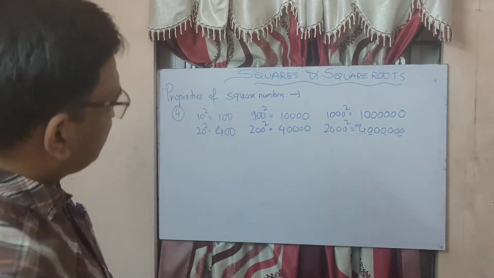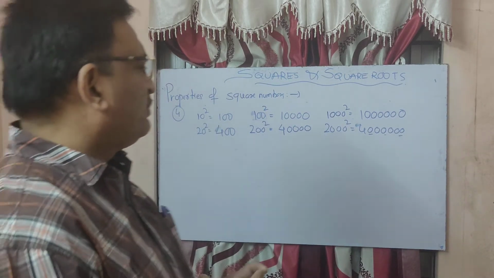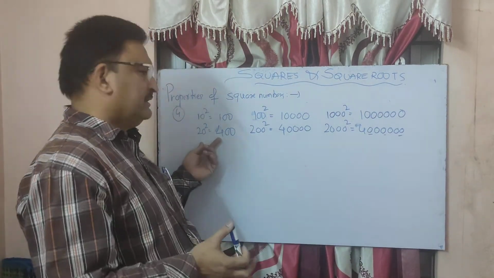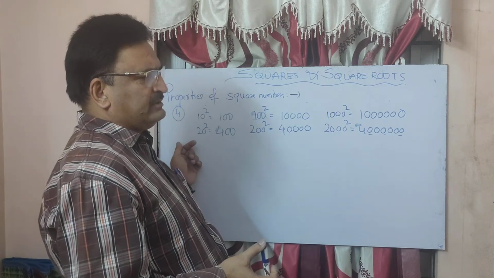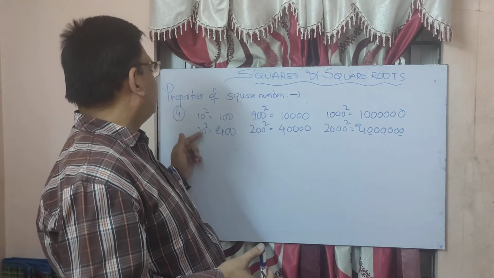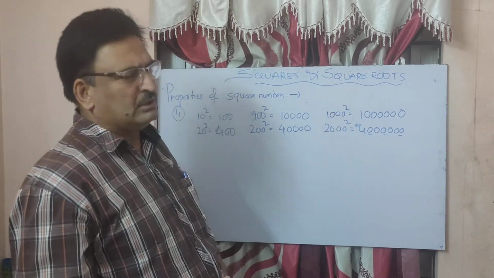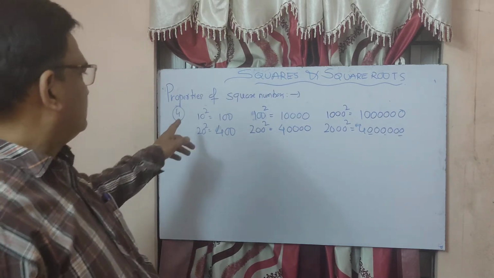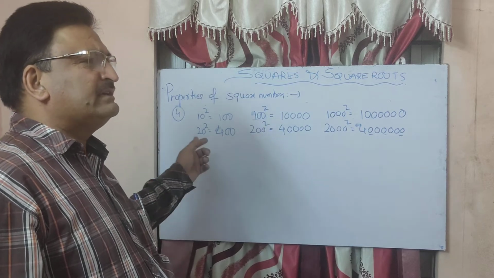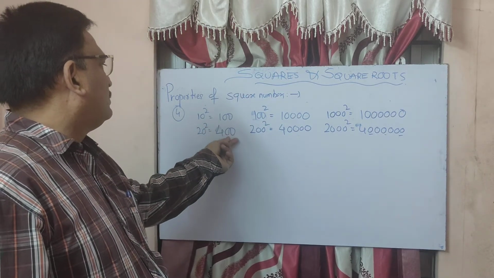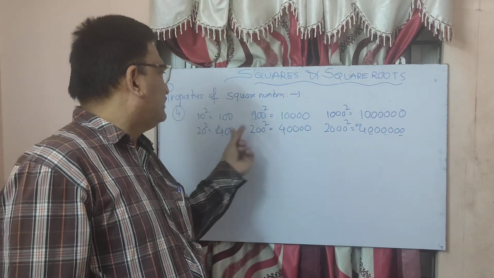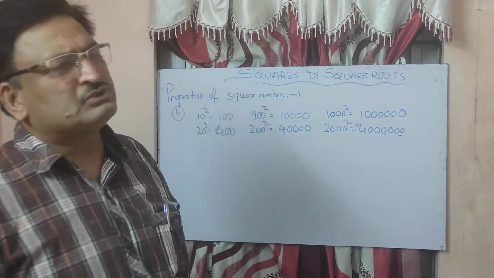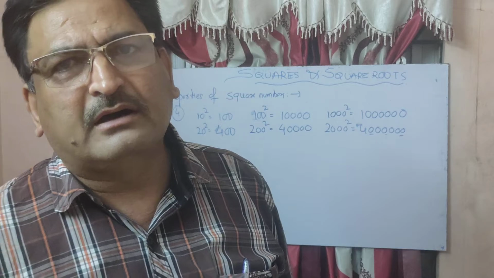So by looking at these numbers, you could see here, if a square of a number has last digit 0, then the squares always have an even number of zeros. Here 2, here 4, here 6, you could see.